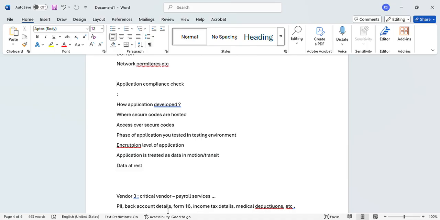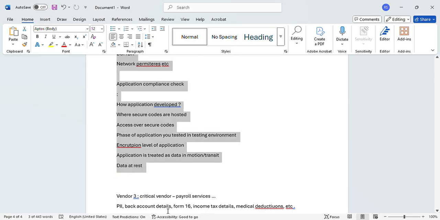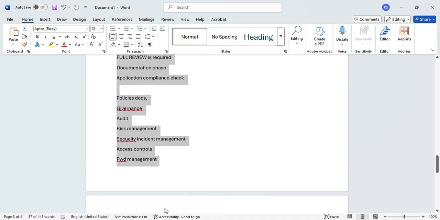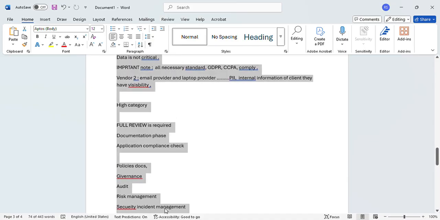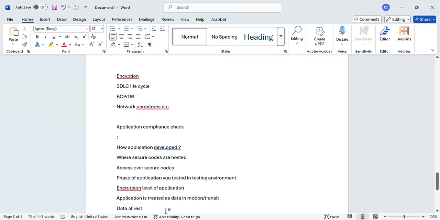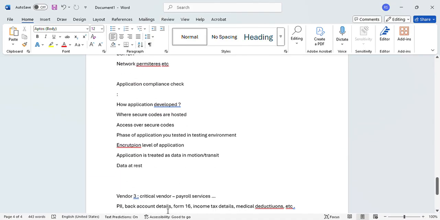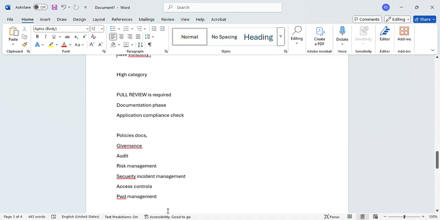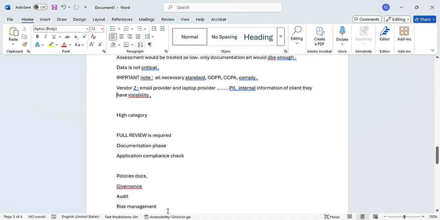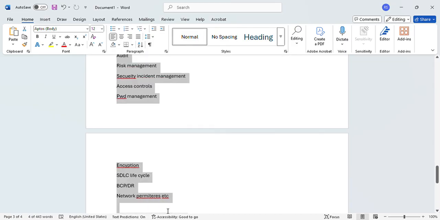As I had mentioned here, I am just going to mark this in bold. Whatever checks you had mentioned for vendor number 2 till here, the same thing you need to mention for vendor number 3. Let me copy vendor number 2 from this one.